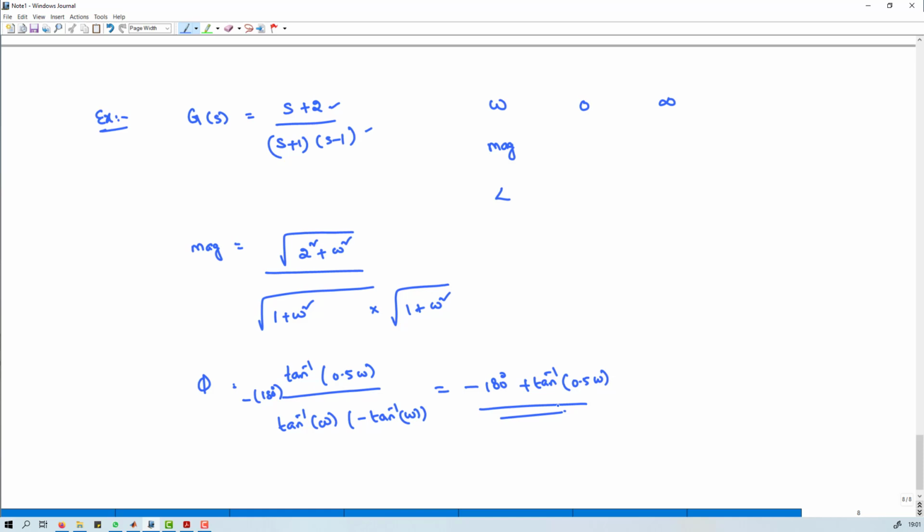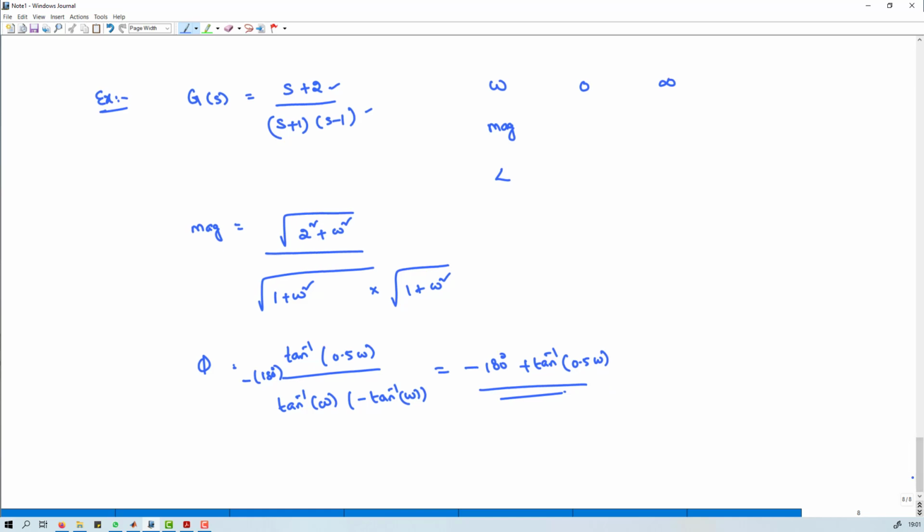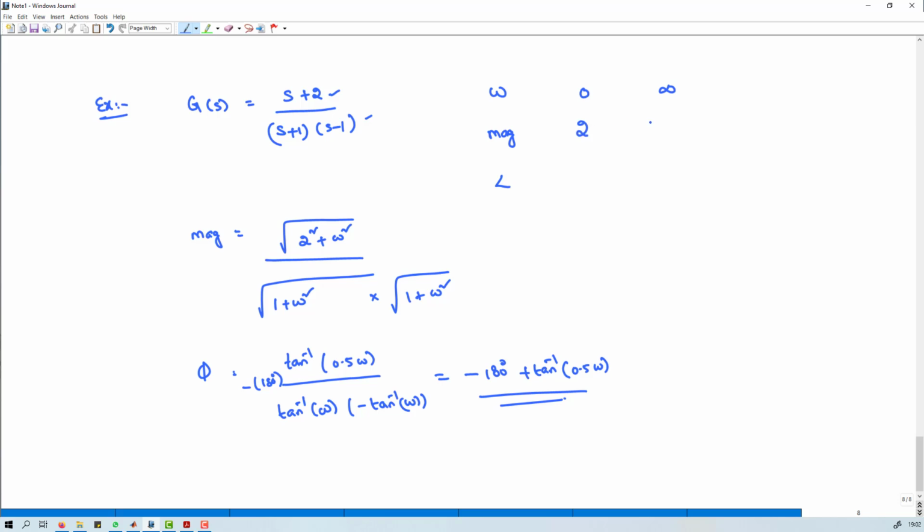Okay, so now we'll see this one much more clearly in one more step. I will take one more example for understanding, to clear any confusion about the use of the minus symbol. So we'll find out both the magnitude and angle.